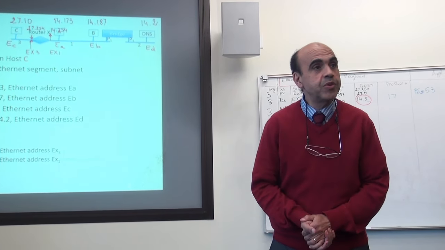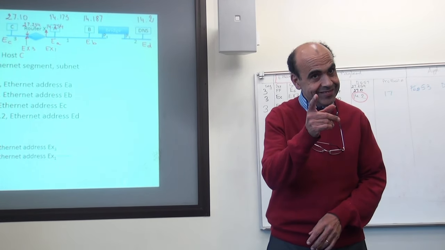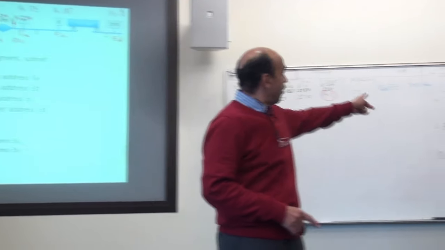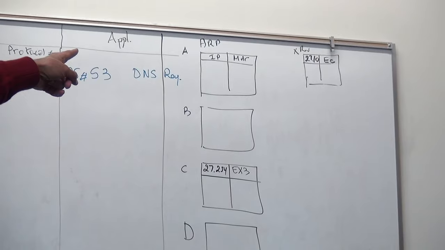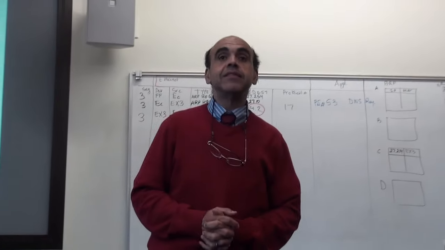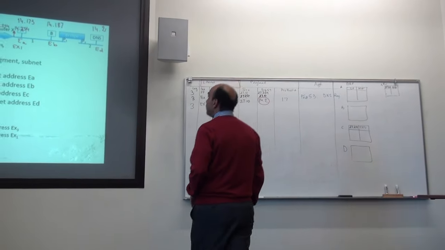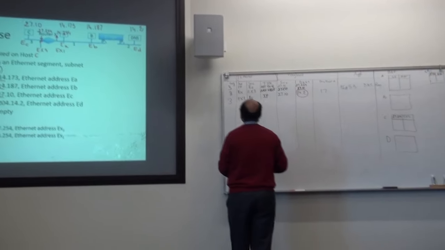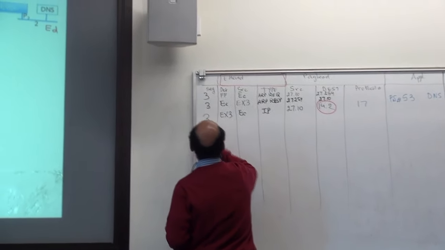What will ARP do before that? Checking the cache. So in the router, do we have anything there about DNS? No, it's not in the cache, right? Then I send that request. So now this request will appear on which segment? 1 and 2, okay?